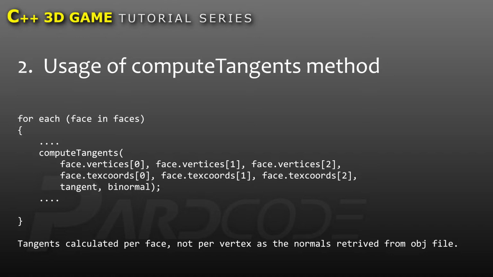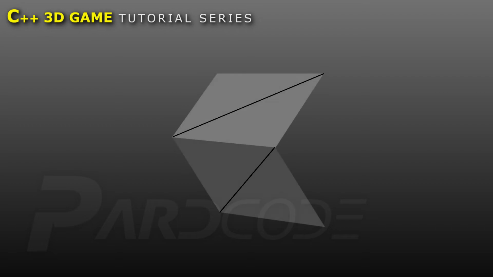The normals we retrieve from obj file usually are calculated per vertex and not per face, but our tangents and binormal vectors are currently calculated per face. So let's see an example. Let's suppose our normals are calculated per face. We will have something like this.